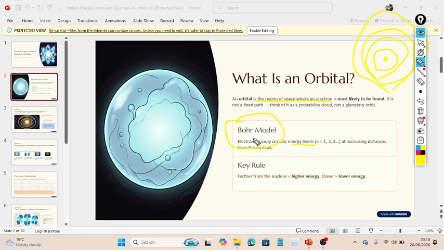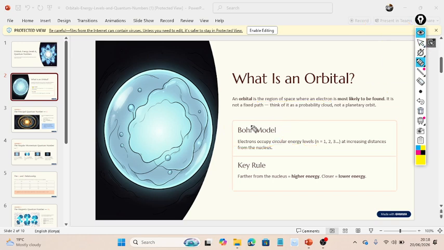That's what Bohr described, and he defined a rule that the farther you get away from the nucleus, the higher the energy, and the closer you are to the nucleus, the lower the energy.